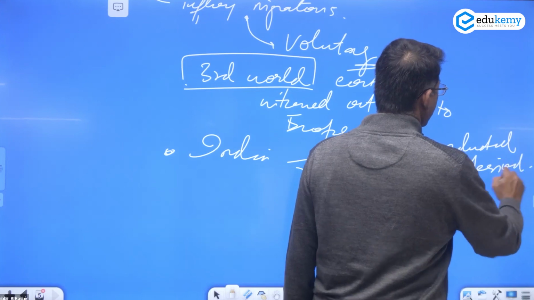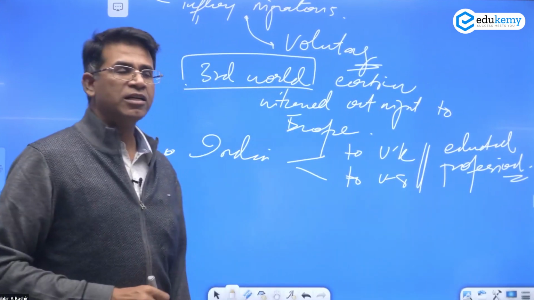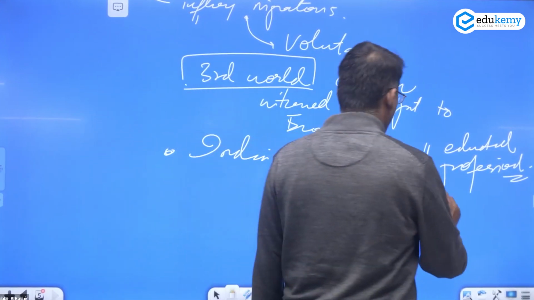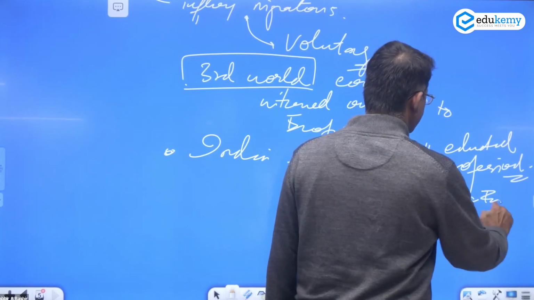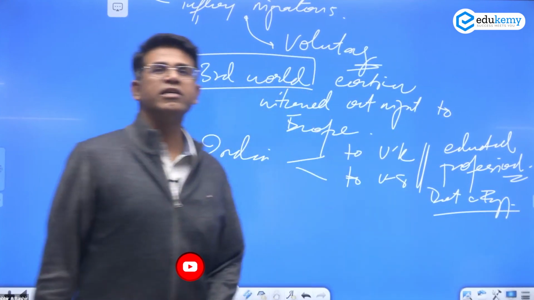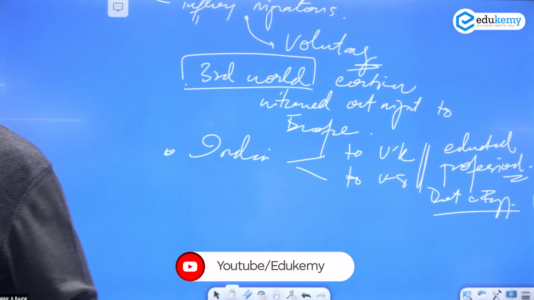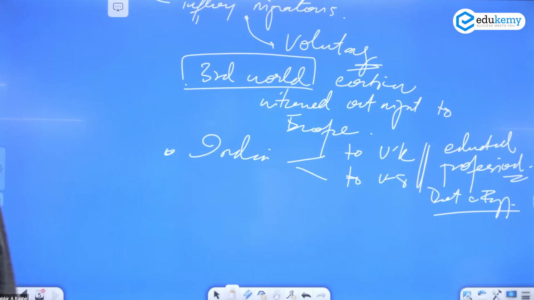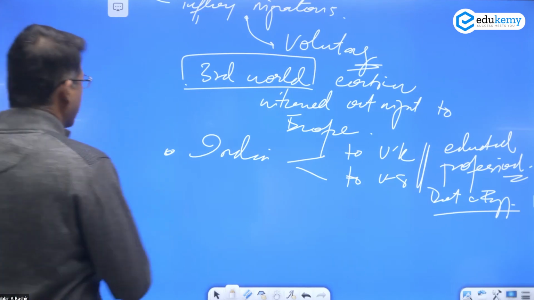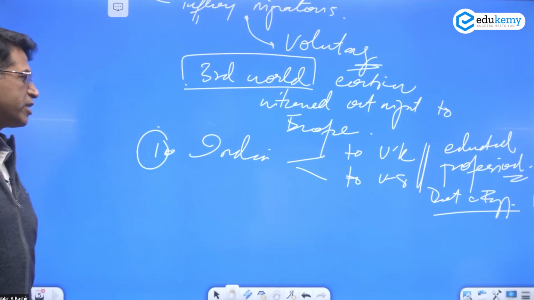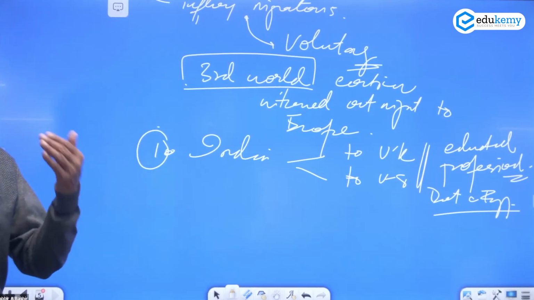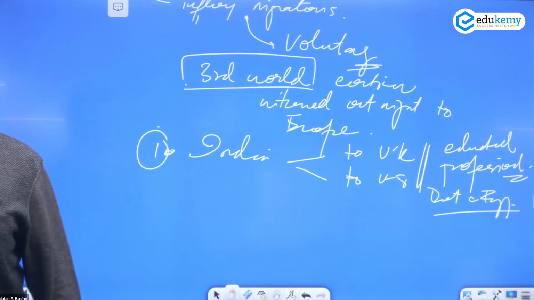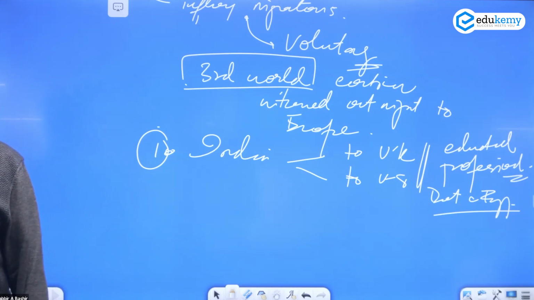Migrations of educated professionals. So we're talking about doctors and engineers. So this was a very different type of migration compared to whatever we have seen till today. From India into UK and US. So this is a voluntary migration. It's more of a pull factor towards US and UK.